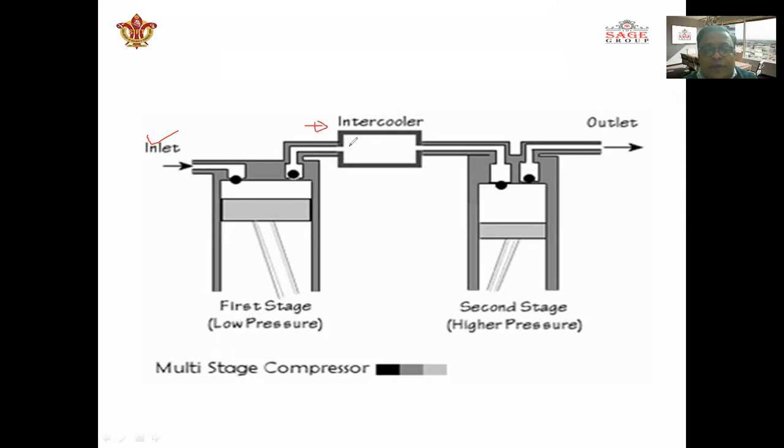This is the intercooling device where the air is cooled by a cooling medium. After that, when the air has cooled down to the original temperature, it goes into the second stage, the high pressure cylinder, and after compression in the high pressure cylinder, the air is delivered to the outlet side. So this is the basic functioning of multi-stage compression.